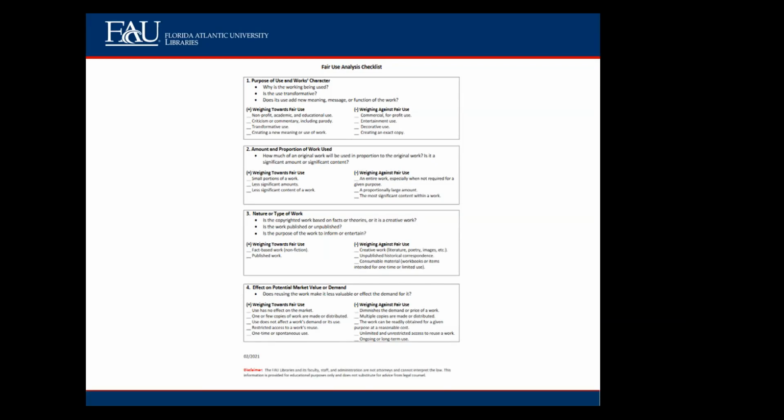So this has really been made available to help you and others, whether they're faculty, instructors, or even students, determine and decide based on their own risk tolerance whether or not their use would be a fair use. This is available for everyone. You're welcome to distribute it, to use it, to copy it, just like they had done for their information.